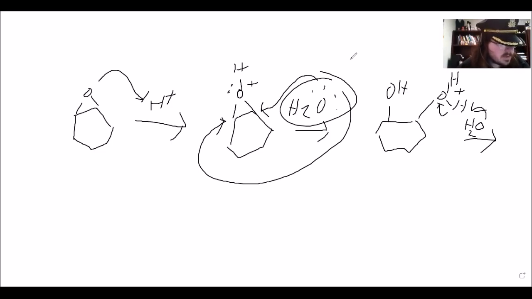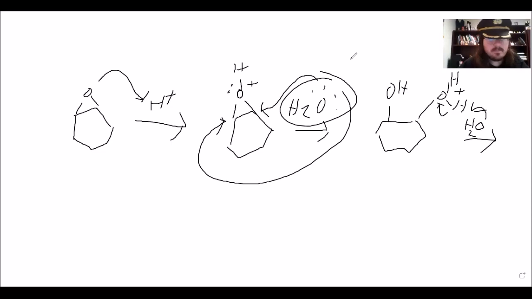But the whole idea is that acid first makes the epoxide unstable, capable of being a good leaving group, and something comes in and replaces it, whether it's water or an alcohol or another nucleophile. It all depends. That's working from the acidic standpoint.